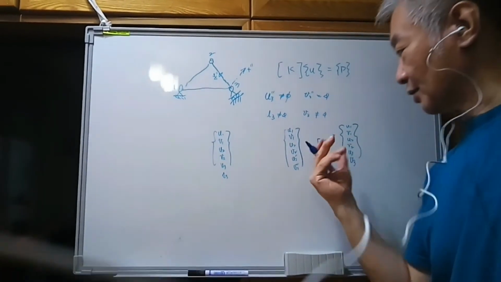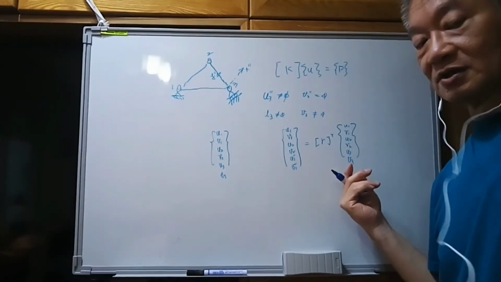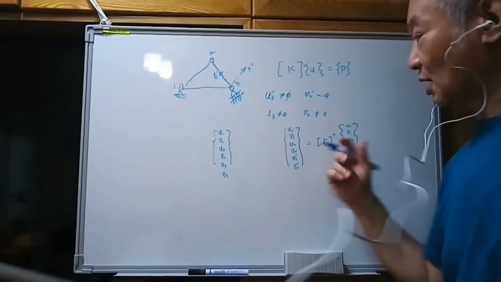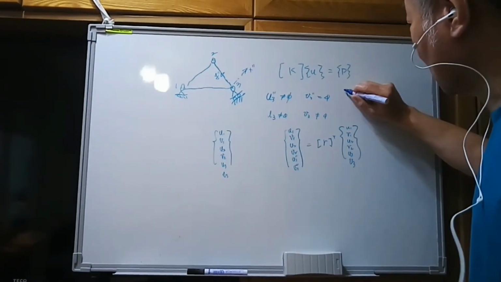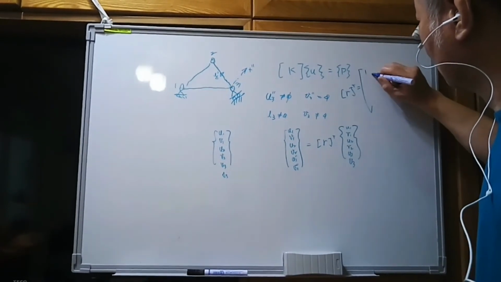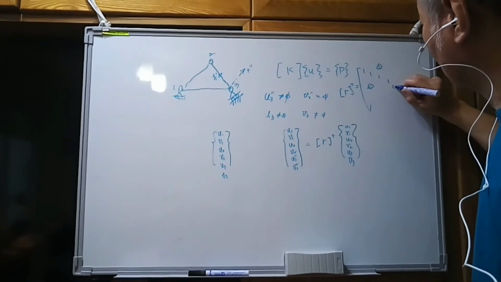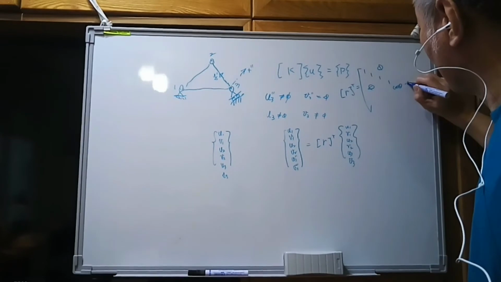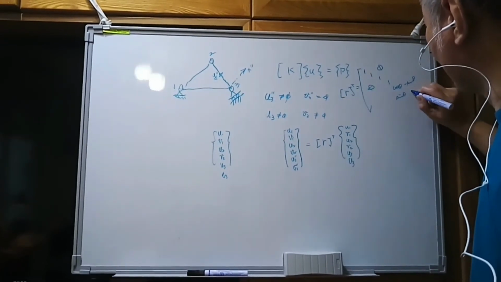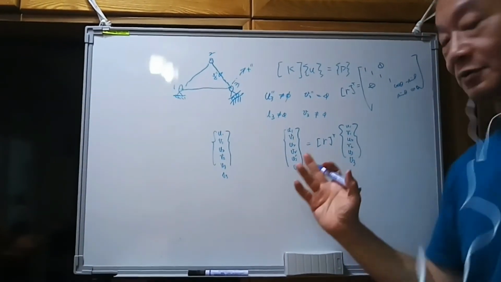Remember, whenever we'd like to transform the vector components from the global to the local, we need to use an R transpose. So that's the R transpose.